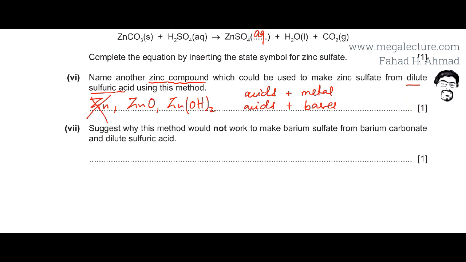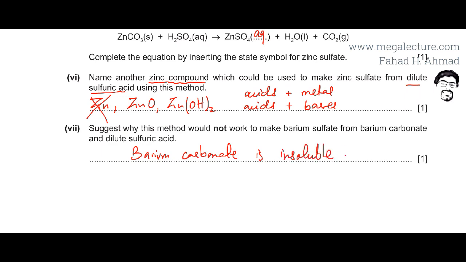Next part is, suggest why this method would not work to make barium sulfate from barium carbonate and dilute sulfuric acid. The reason why this method would not work is that barium carbonate is insoluble.